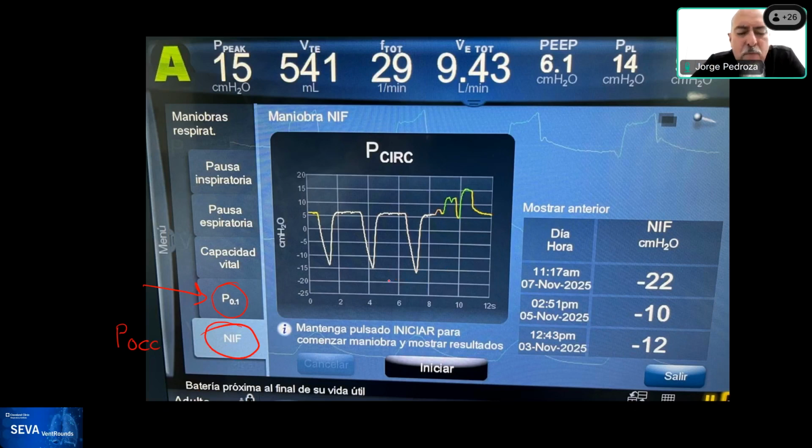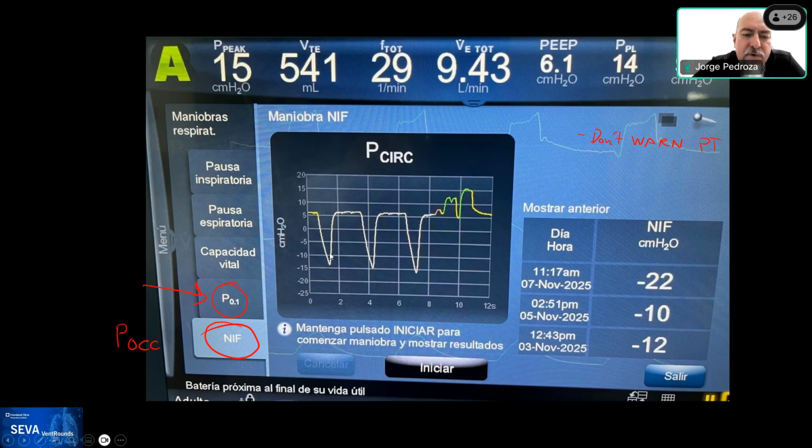In this case, you measure it without warning the patient, so the patient must be passive. He should not do a conscious effort.